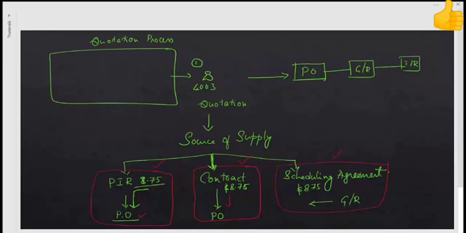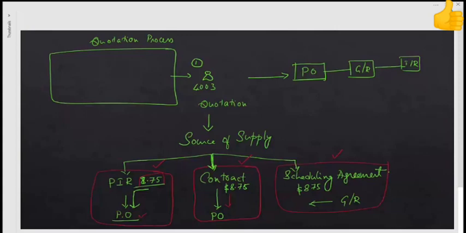You can create any of these or all of these, and any time in the future you require coffee, you can either create a purchase order directly because the purchase info record already contains the price and the vendor, or you can create a purchase order with reference to a contract if you have created a contract, or a scheduling agreement.